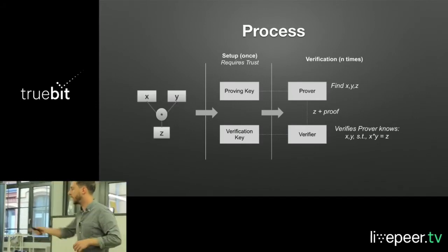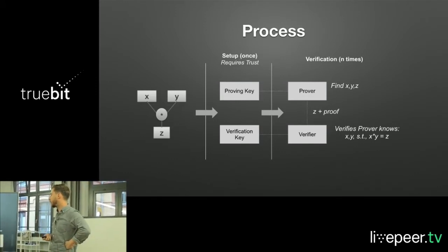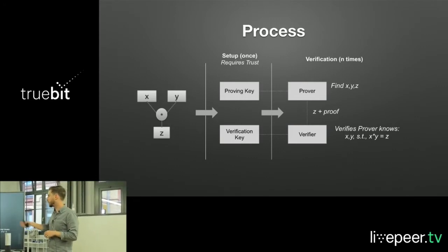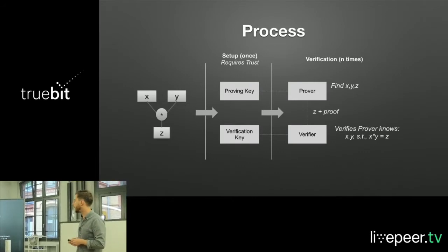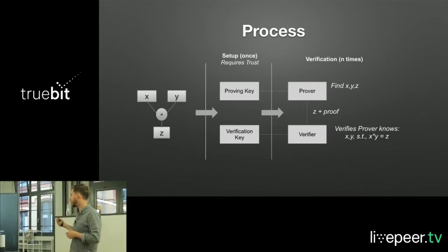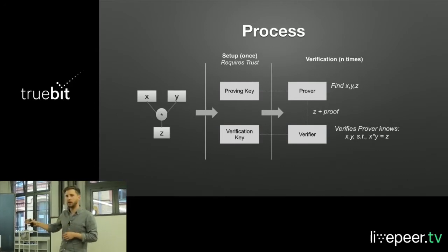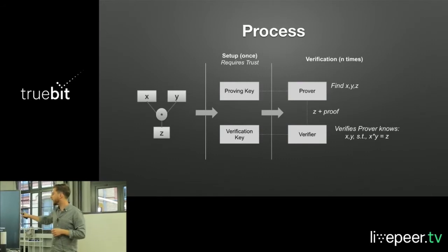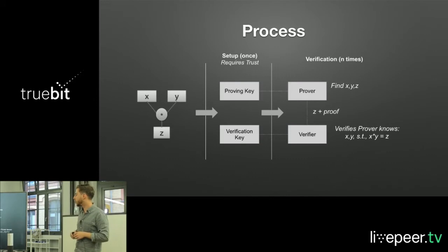A little example: here we have an arithmetic circuit on the left side. It multiplies x and y and arrives at z. So first, if you want to prove the correctness of that computation, you do the setup phase once, and then you use the proving key as input for the prover. Then you find x, y, and z that fulfill this equality condition, which is another challenge that's not covered in here.